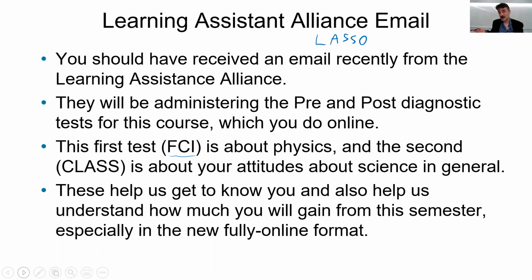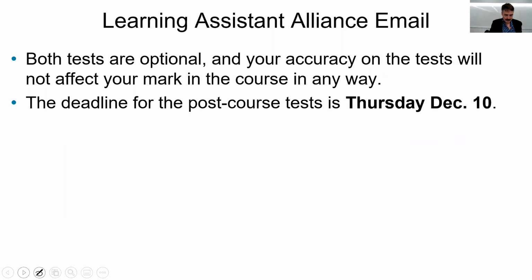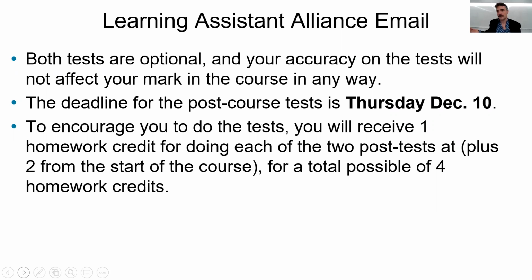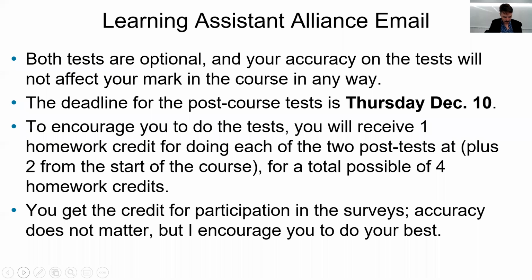You might recognize the questions are very similar to the pre-test, but now the question is, have you gained anything or changed your attitudes or feelings about science or physics from taking this course or not? So I would like you to take that. To encourage you, you get 1 homework credit for doing each of the tests, but you've already had 2, so a total possible of 4. It's all just for participation, not for accuracy. But I would like you to try your best.